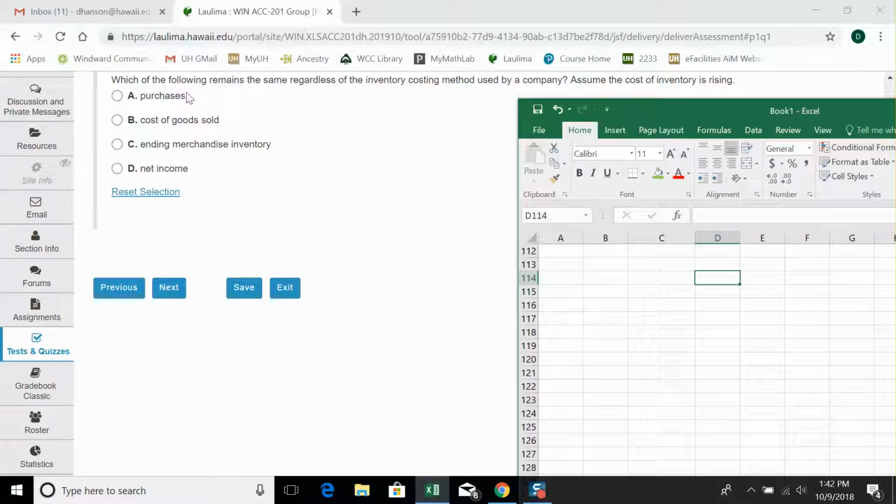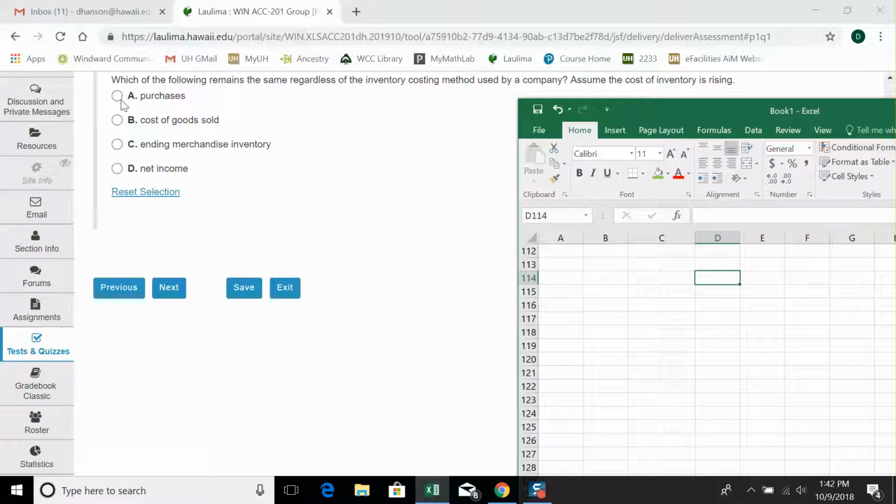If we were to diagram a scenario using FIFO, LIFO, weighted average, specific identification, what we actually paid for the items wouldn't be different under each of those costing methods, assuming that we're working from the same scenario. So that's probably going to be the best answer.